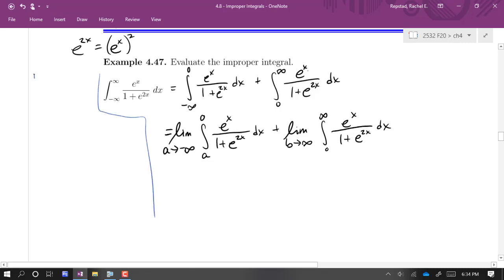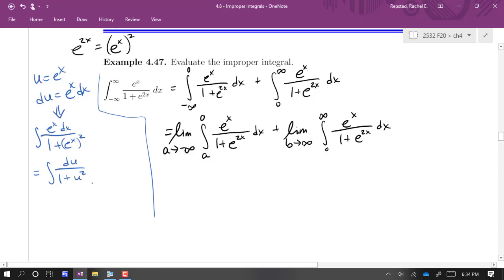So if we let, I'm going to do this off to the side here, if we let u equal e to the x, then du is e to the x dx. And so that means that the integral of e to the x dx over 1 plus e to the x squared is the integral of du over 1 plus u squared.